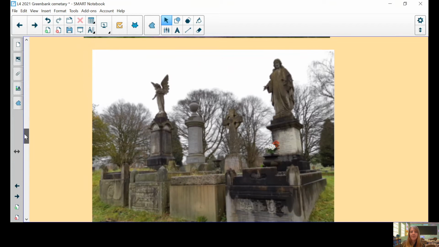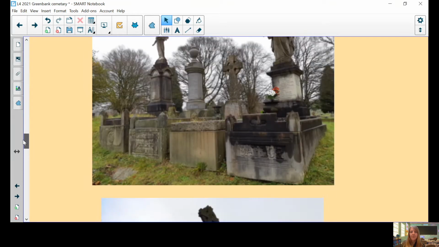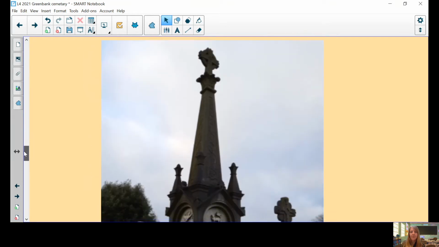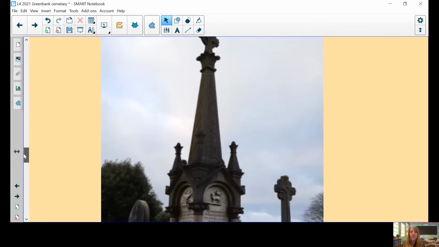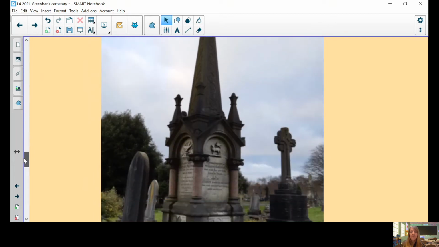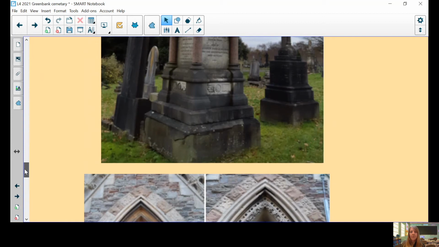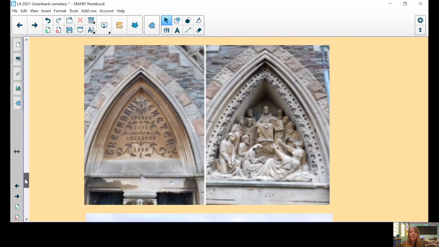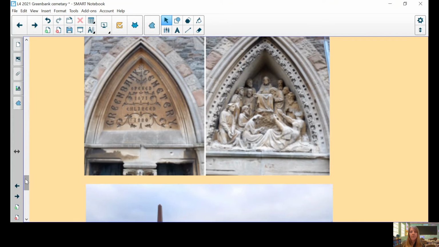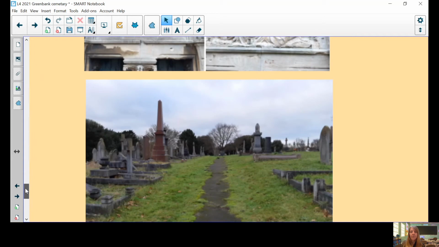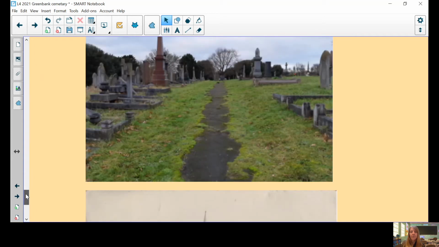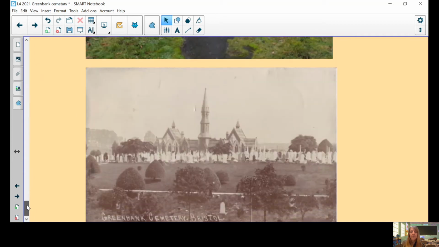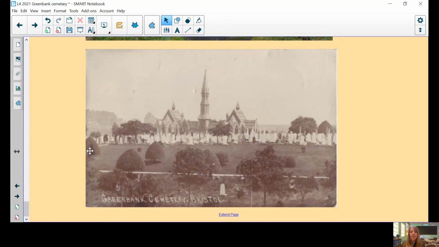How are they different? You can see an old picture there of the Greenbank Cemetery in Bristol.